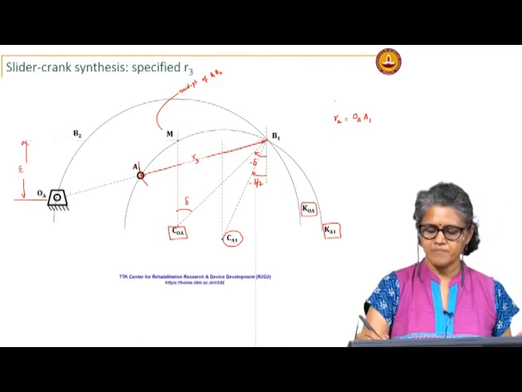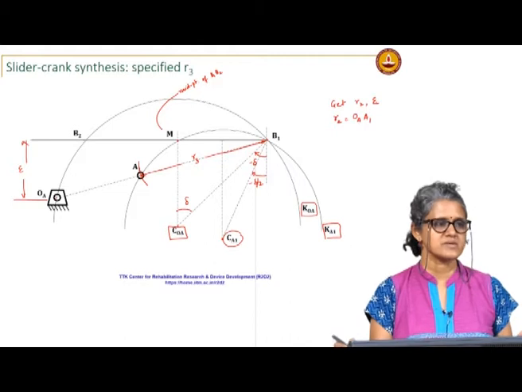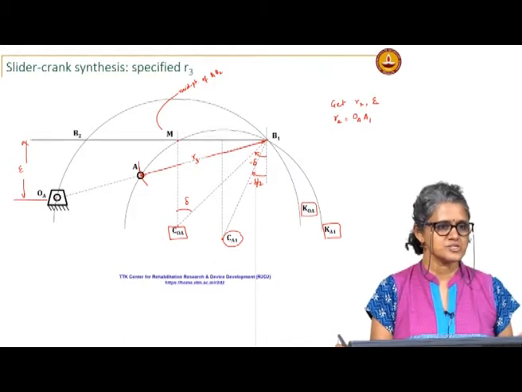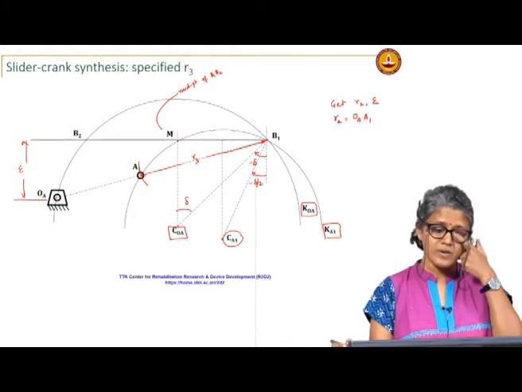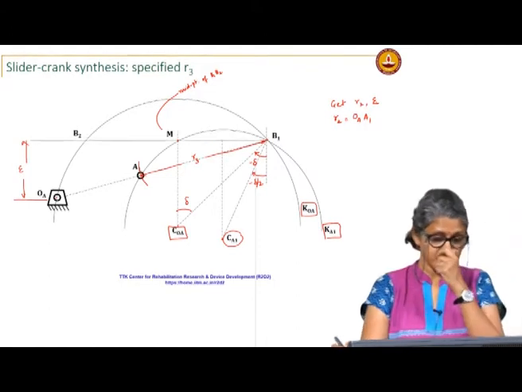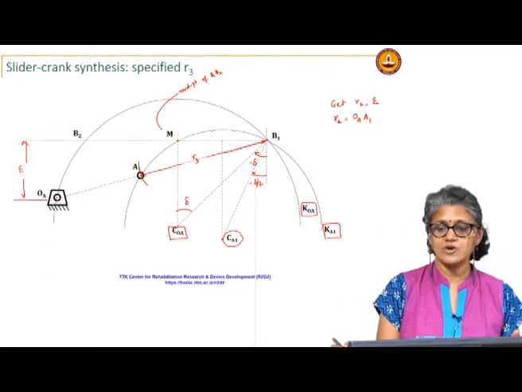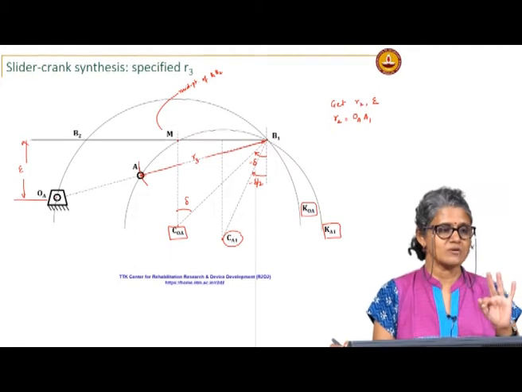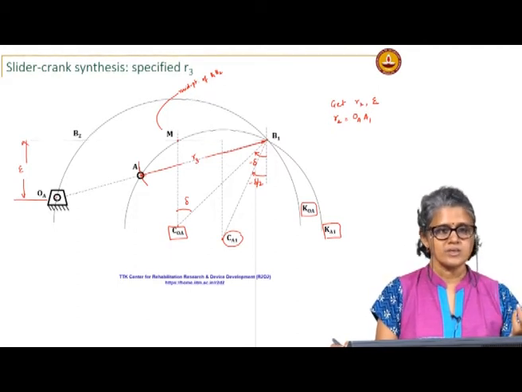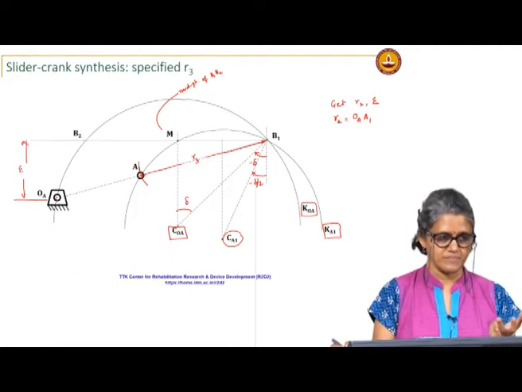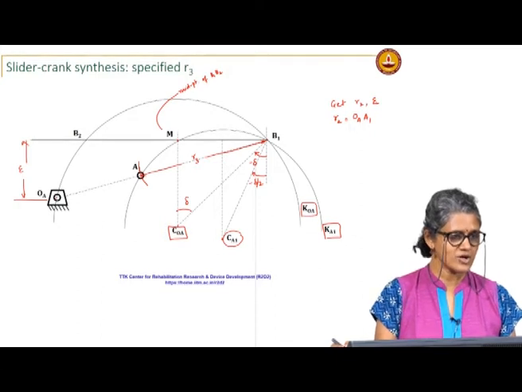So, get R2 and offset once you finish the construction. Okay. So, this is for the case where the length of the connecting rod is specified. So, you had options for 3 things: the offset, then the length of the connecting rod.